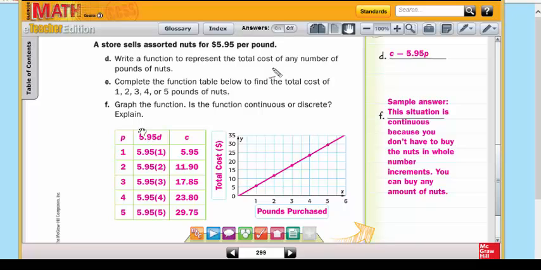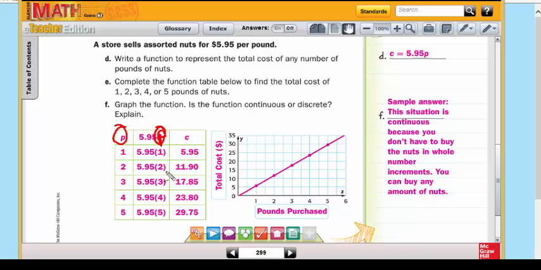The one thing I want to point out here that's a little bit confusing is for some reason they have an input of P, but then they're multiplying by D. I think that's a little confusing, so I'm going to write right over the top of that, we're going to multiply by P. So we have pounds times 5.95, 5 and 95 hundredths, gives us the cost.